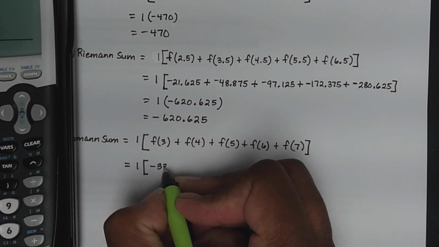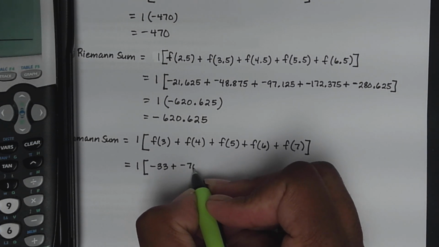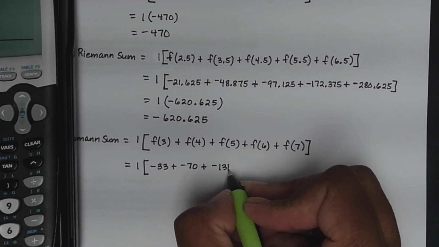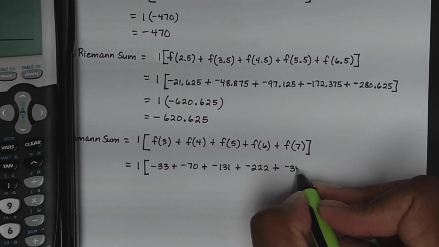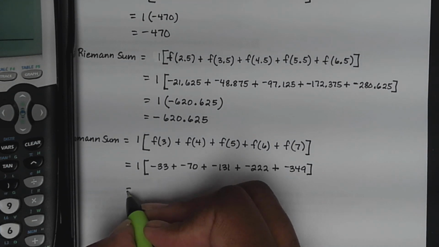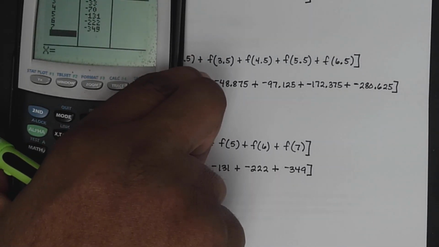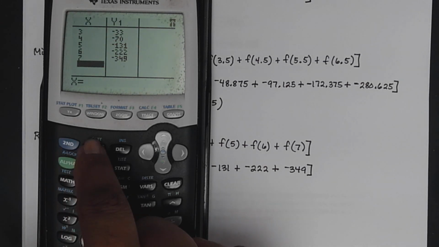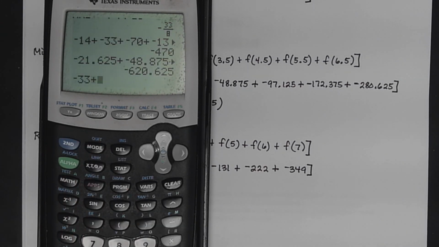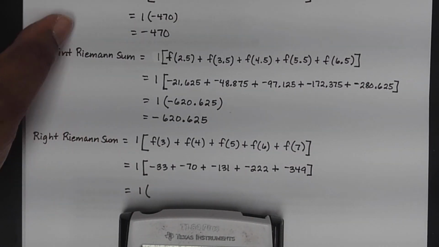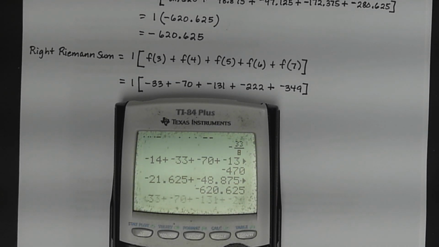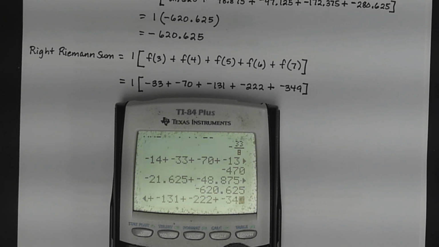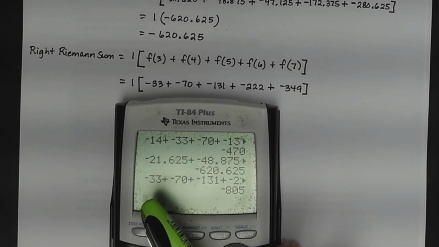So I got negative 33 plus f of 4, that's negative 70, plus f of 5, that's negative 131, plus f of 6, that's negative 222, plus f of 7, negative 349. So 1 times, if I add negative 33 to negative 70 to negative 131 to negative 222, and add that to negative 349, you will get negative 805.